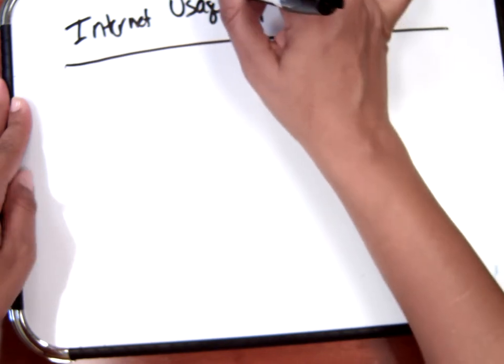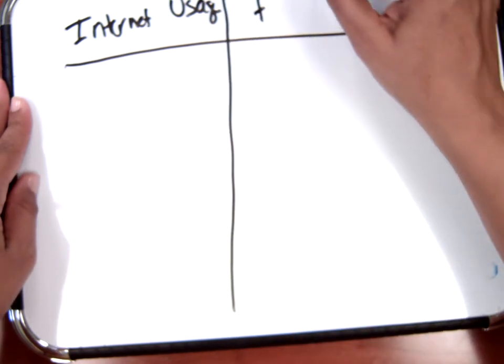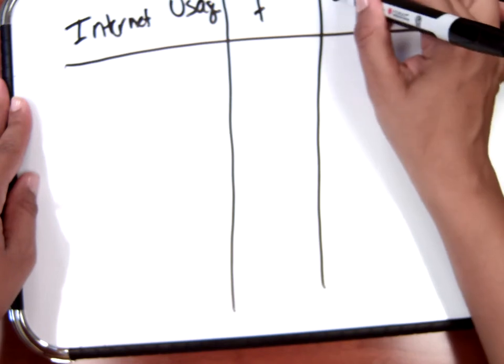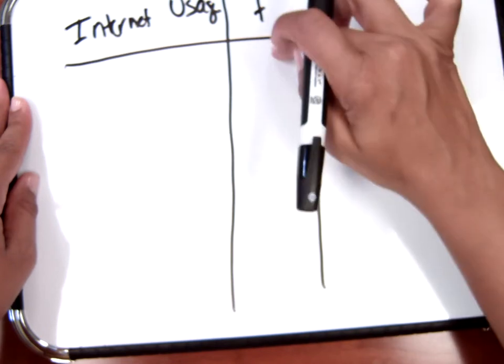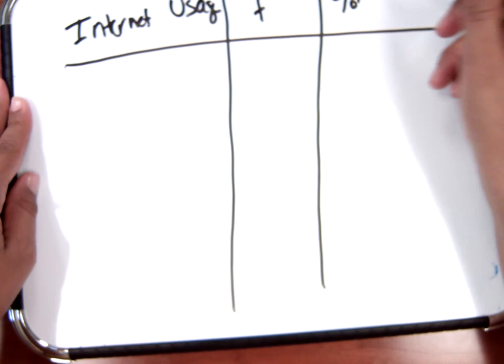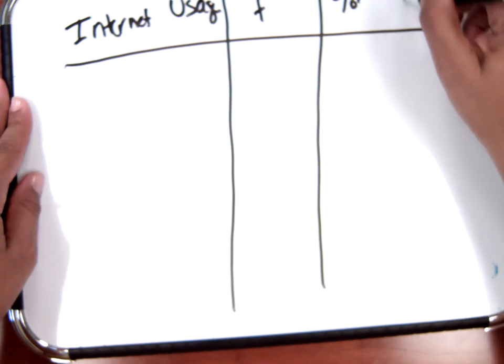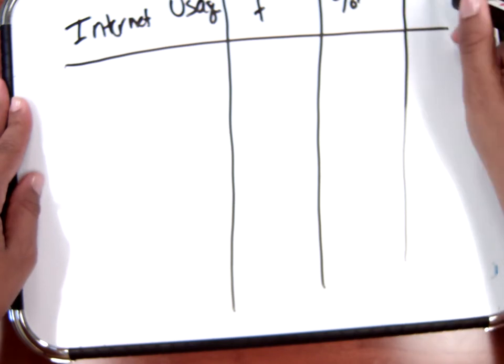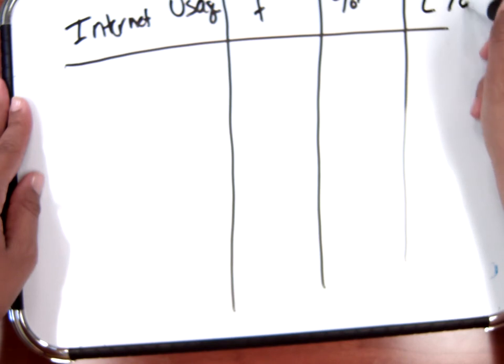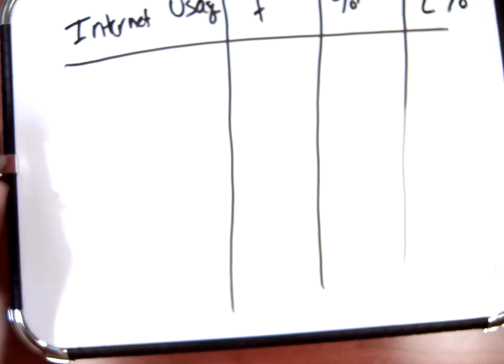F is just the actual frequency, which is the number of people. Then we're going to have a column which is just the percent. This number over the total number. And then we're going to do the cumulative percent. C. Percent.